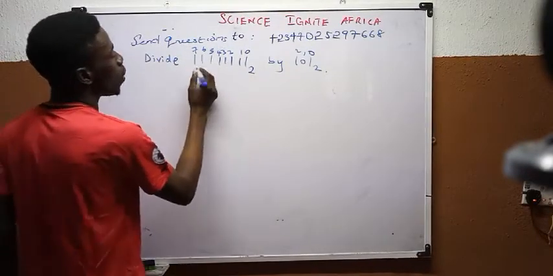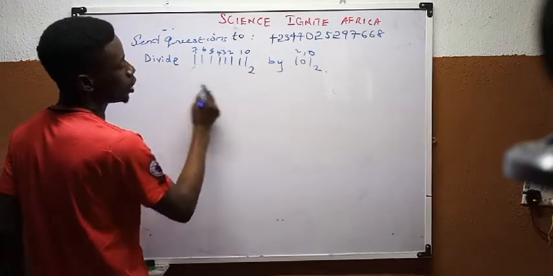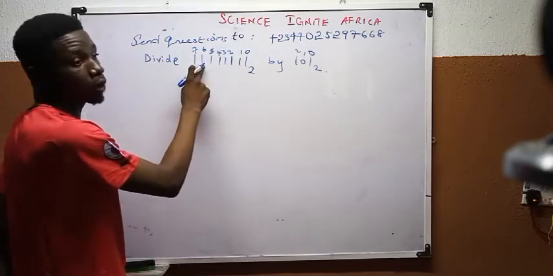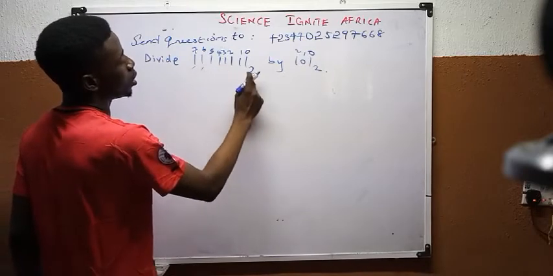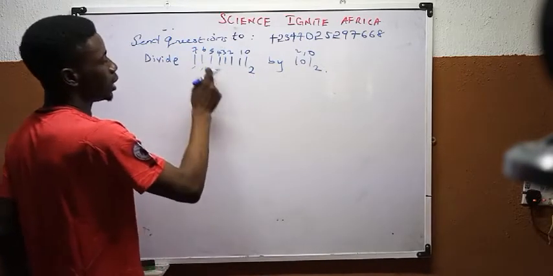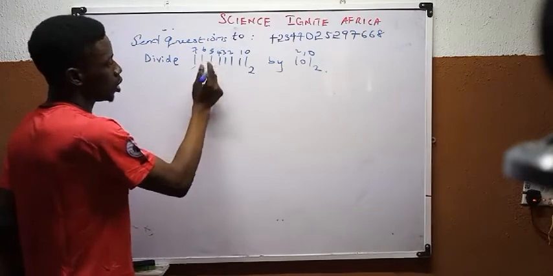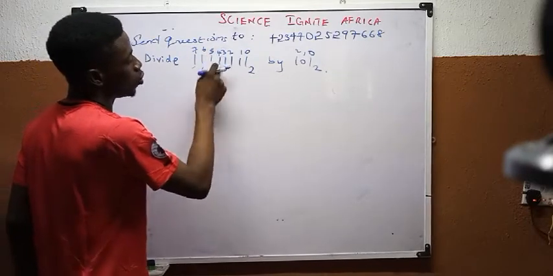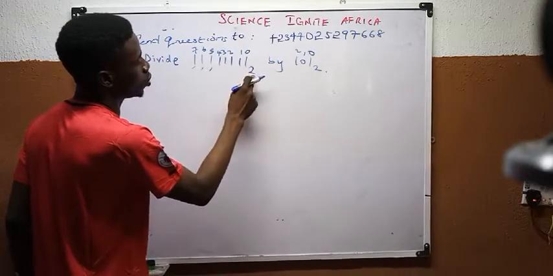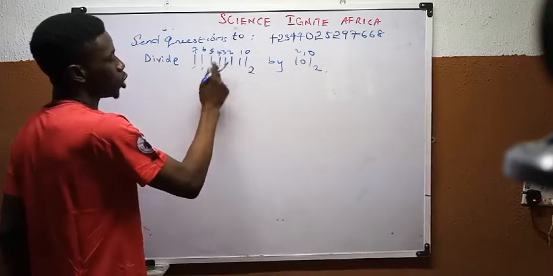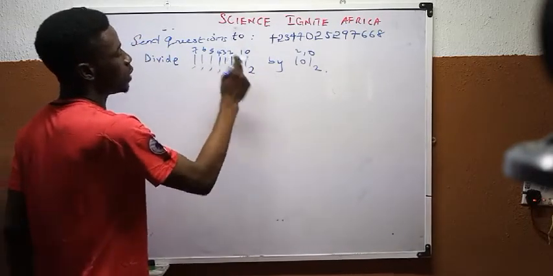Let's be marking it as we are doing it. So 1 times 2, that's 2. We are done with this one. 2 plus 1, that's 3. So 3 times 2, that's 6. Then 6 plus 1 is 7. 7 times 2 is 14. So we have 14 plus 1, that is 15.